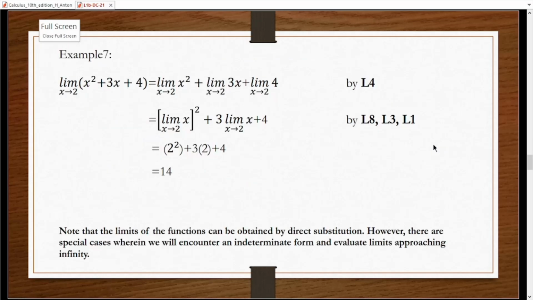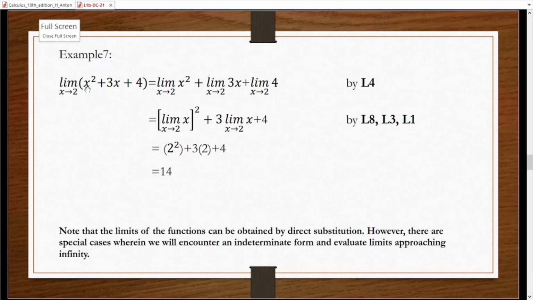So, ayan. For example, we are going to evaluate the limit of x squared plus 3x plus 4 as x approaches 2. Kukunin natin yung individual limits ng kada term. Naka-indicate naman na yung ginamit na theorems. Pag sinimplify siya, that is 14.